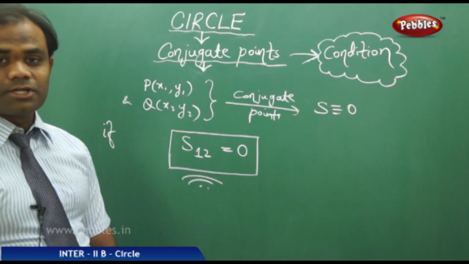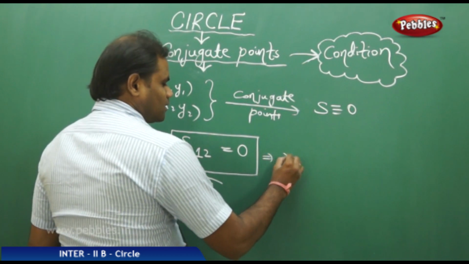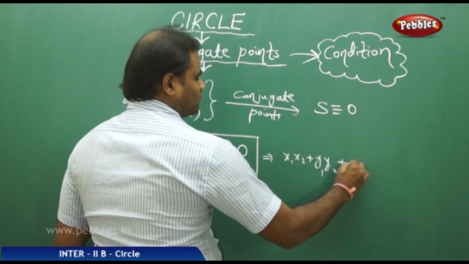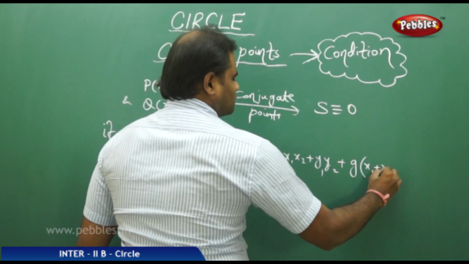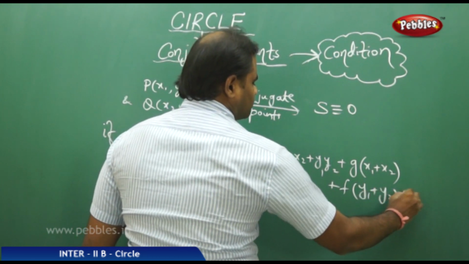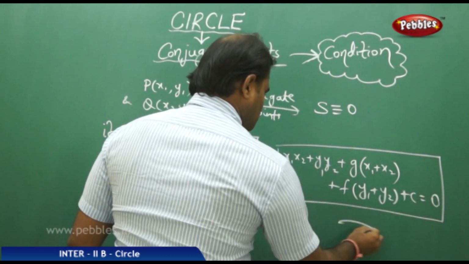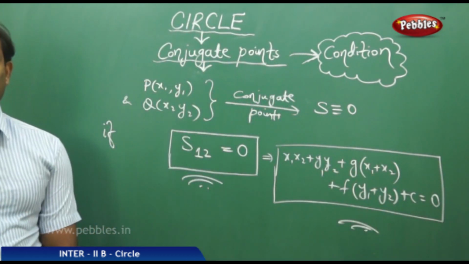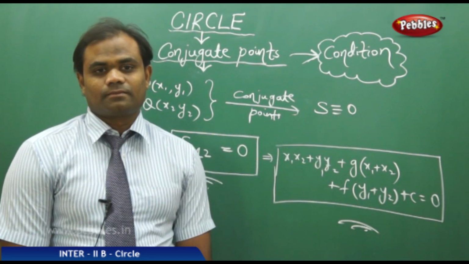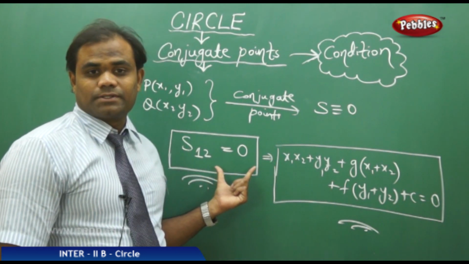If S12 is equal to 0, we say the 2 points are conjugate points. That is, if x1x2 plus y1y2 plus g(x1 plus x2) plus f(y1 plus y2) plus c is equal to 0, that is the condition for conjugate points of a general circle S equal to 0. This is how we understand the condition for conjugate points.